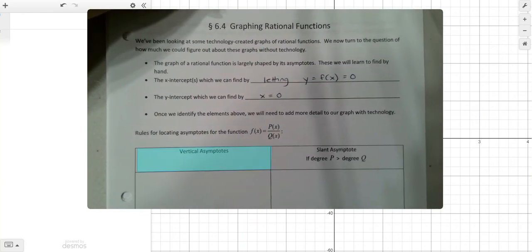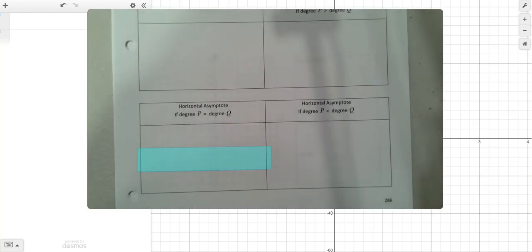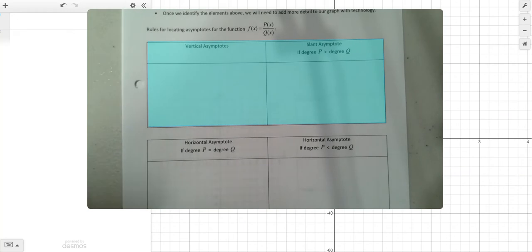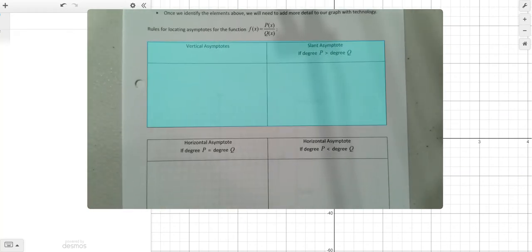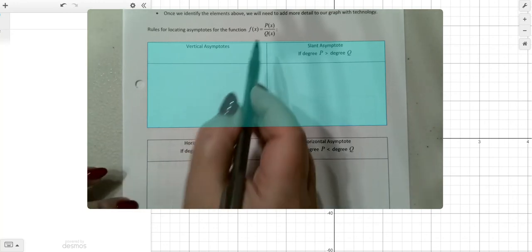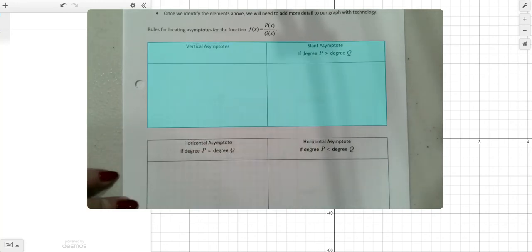There are three different kinds. The first is the vertical asymptotes, and those we've seen a bit and probably already understand to a large extent. Those occur when the function is undefined, which of course happens when the denominator is 0.